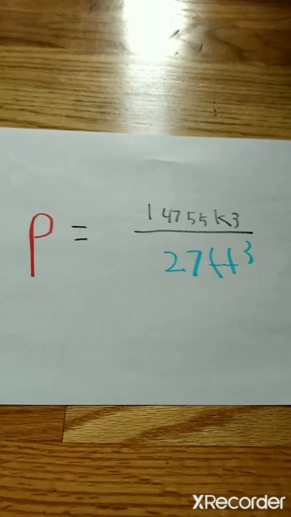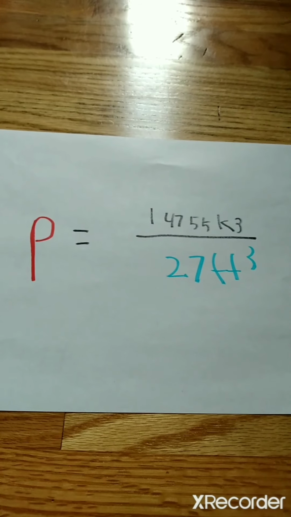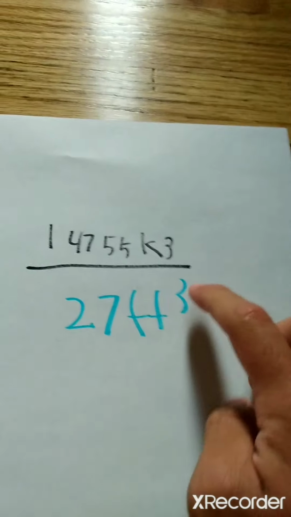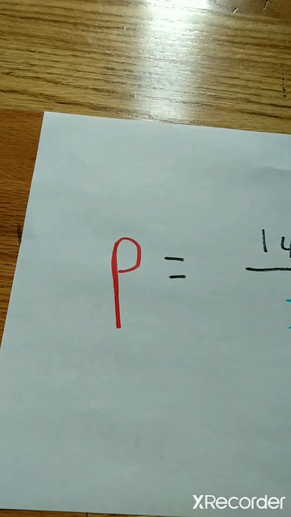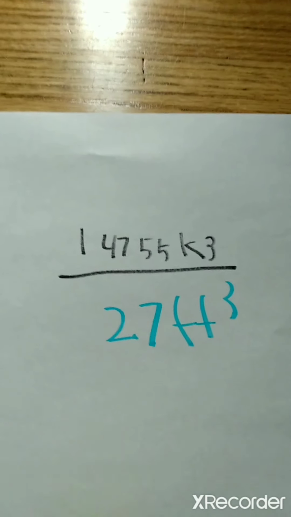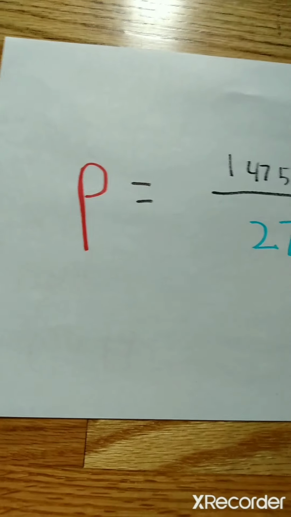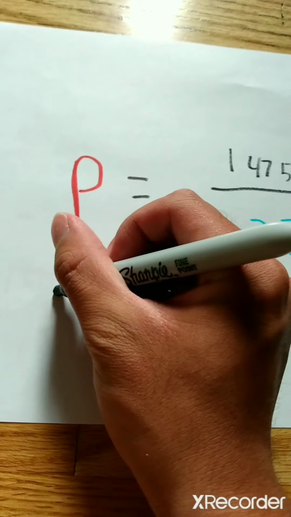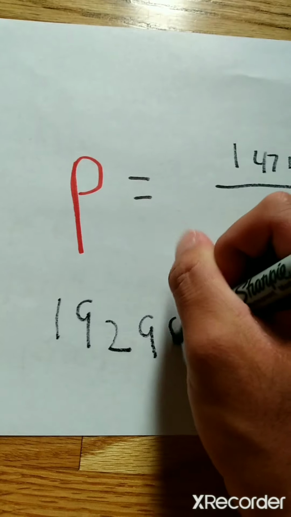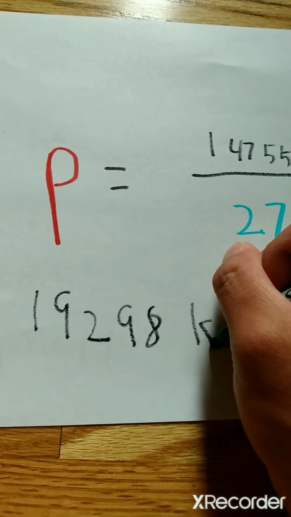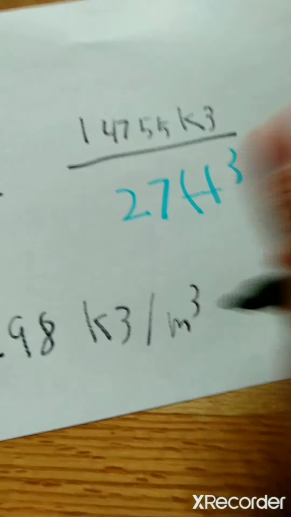So yay! We now have gathered all the parts and all the information. All we have to do now is divide, and that will bring us to our density. 14,755 divided by 27 brings us to our density, which is 19,298 kilograms per meter cubed.